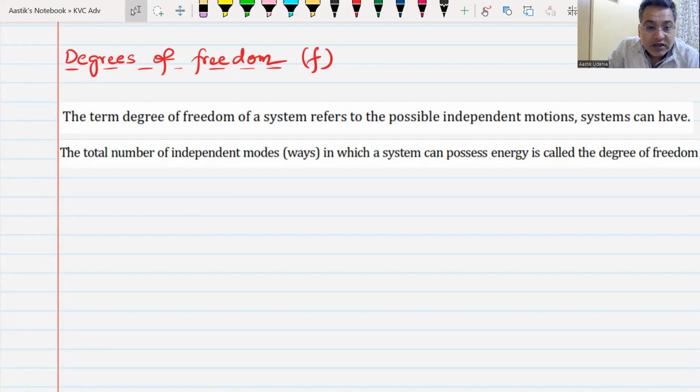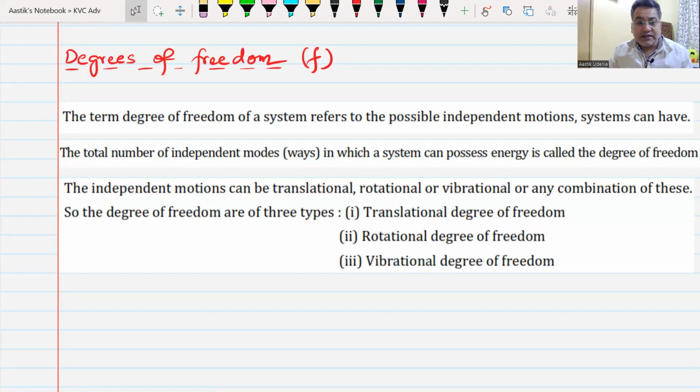This independent motion that a molecule or a system can have can be of three types or a combination of these. There could be translational degrees of freedom, rotational degrees of freedom, and vibrational degrees of freedom.